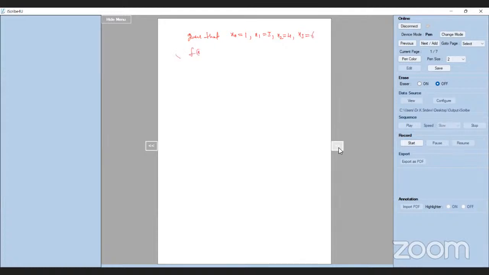And f of x naught value is -3, f of x1 value is 0, f of x2 is 30, f of x3 value is given as 132. So these are the x values and f of x values: x0, x1, x2, x3, f of x0, f of x1, f of x2, and f of x3.